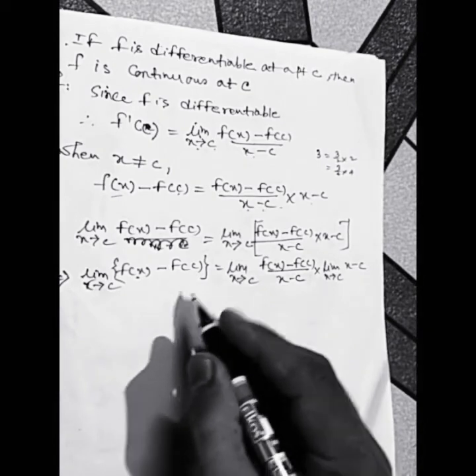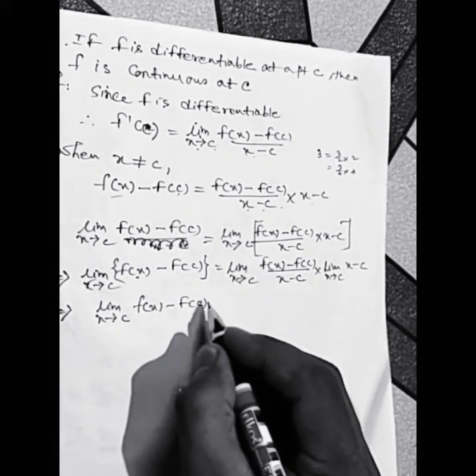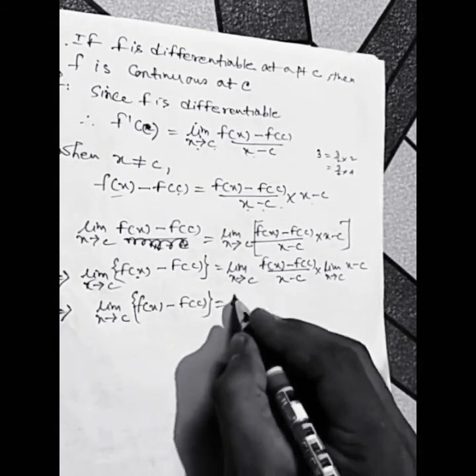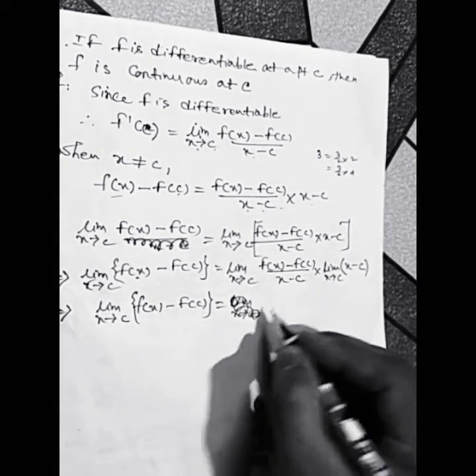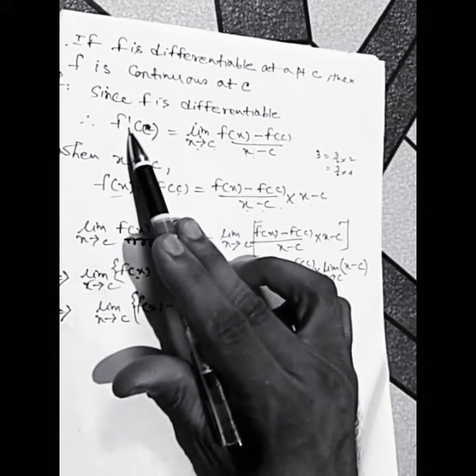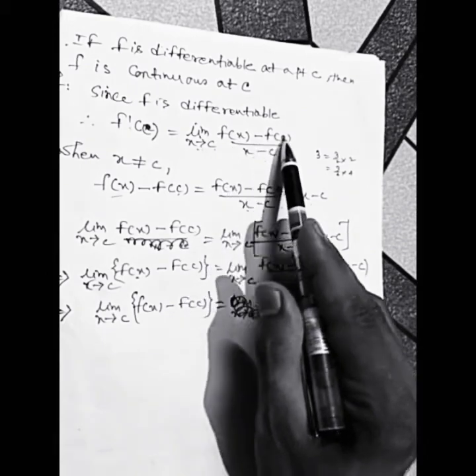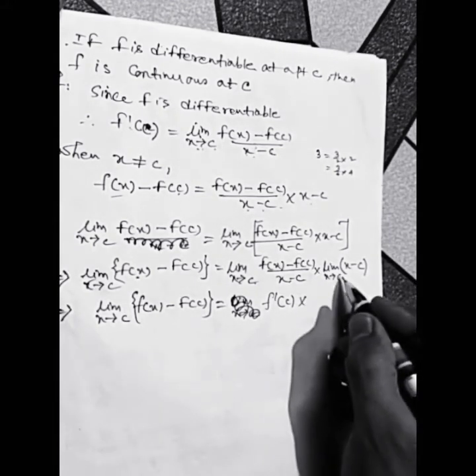Now f dash c is equal to limit of f x minus f c divided by x minus c, so this part can be written as f dash c. So f dash c into, putting the limit, we get this as 0, because when x equals c we get 0.